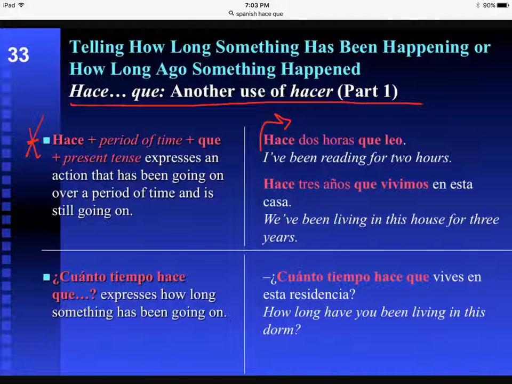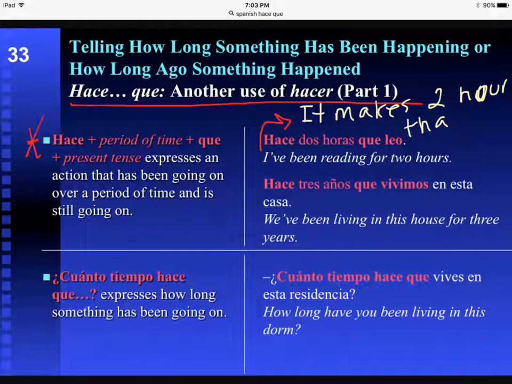So what you're going to say is, it makes 2 hours that I read.